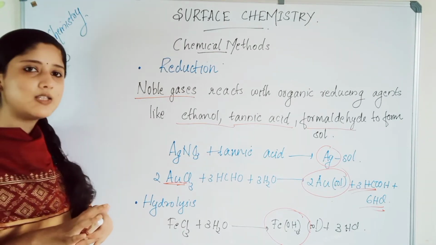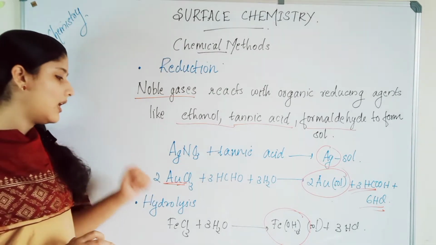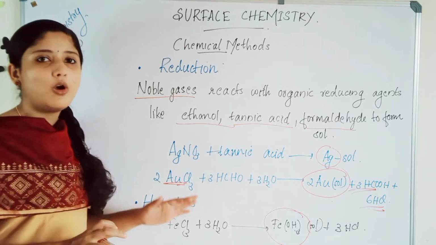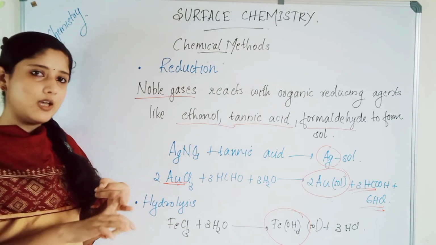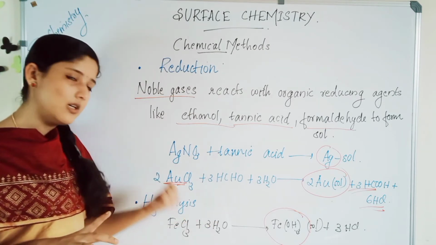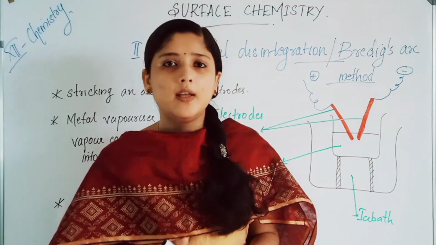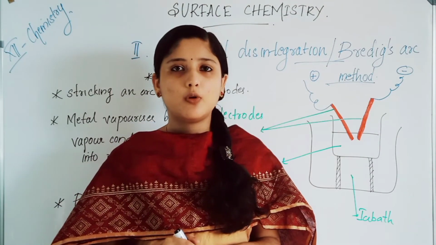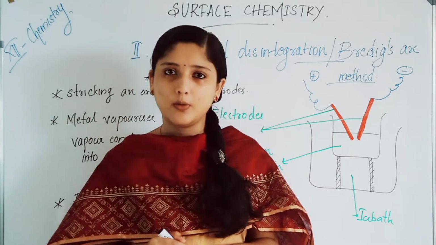This is the last type of chemical reaction by which we can prepare colloidal particles. First was double decomposition, second oxidation, third reduction, and the last is the hydrolysis method.